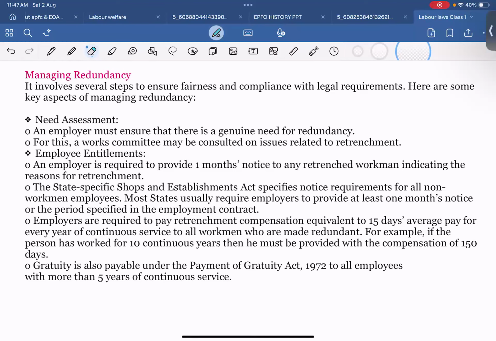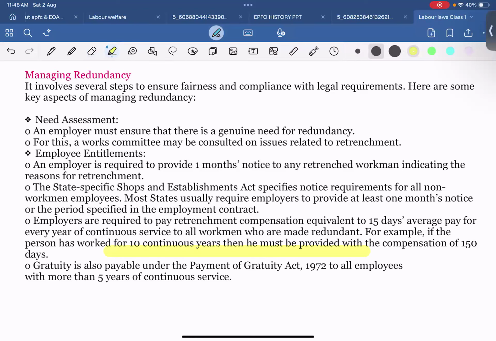Got it. Good. Okay. So the state-specific Shops and Establishment Act has specific notice requirements for all non-workman employees. Most states usually require employers to provide at least 1 month notice. We have already done this.